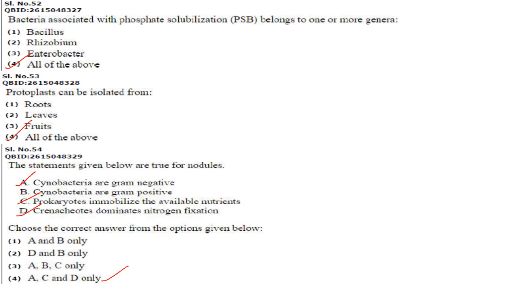The statements given below are true for nodules. Cyanobacteria are gram negative. That is true. Cyanobacteria are gram positive. That is not correct. Prokaryotes immobilize the available nutrients. That's correct. Crenarchaeotes dominate nitrogen fixation. That is also correct. A, C, D only. Answer is option 4.